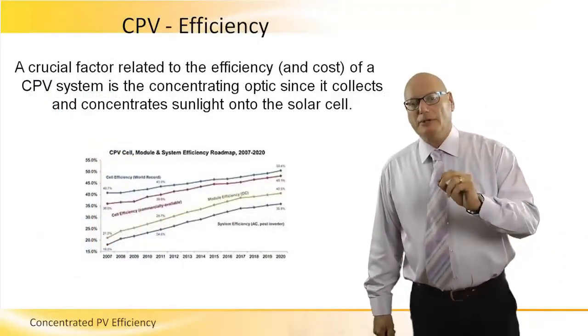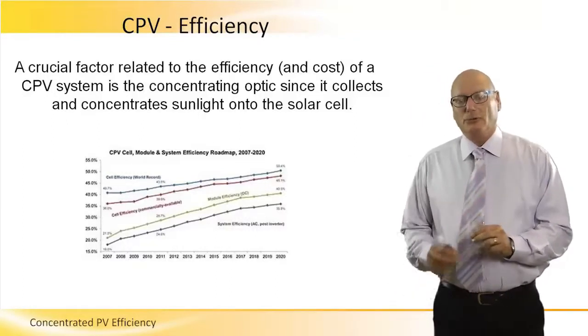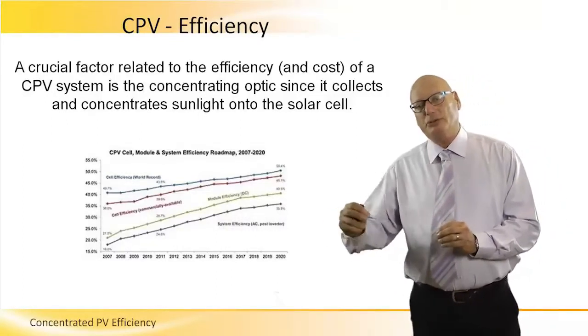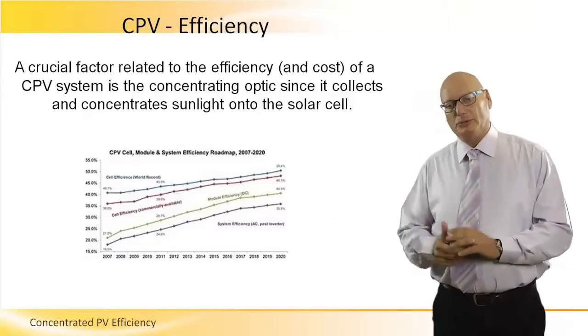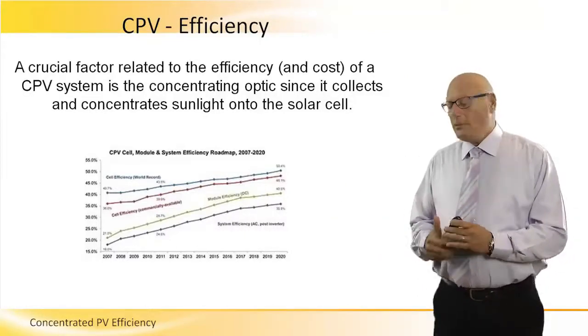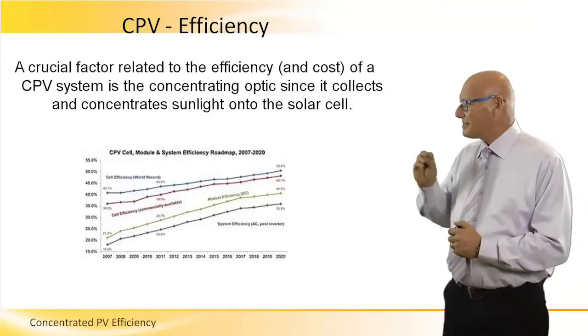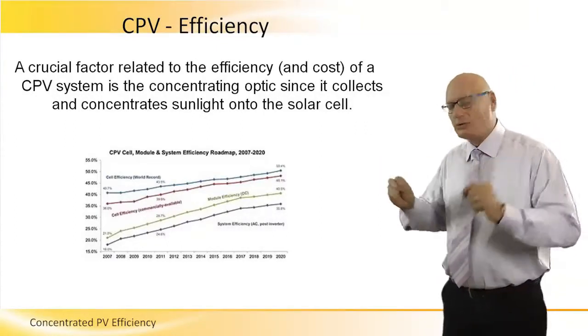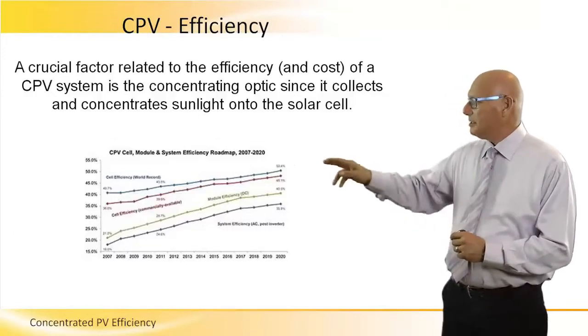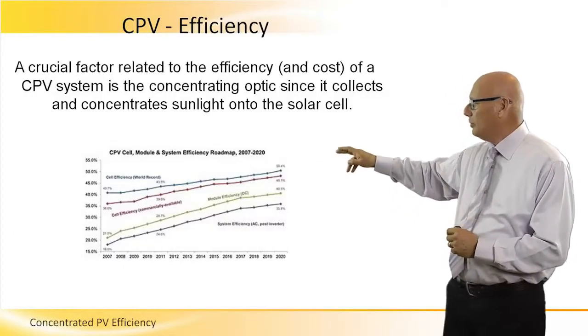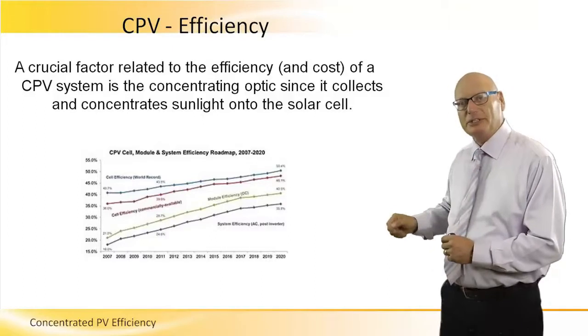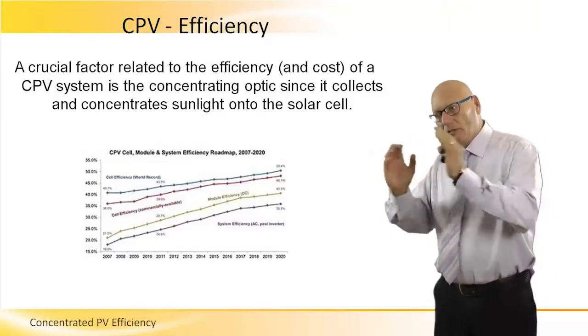Let's look at the CPV efficiency roadmap between 2007 and 2020 and see where it goes. The upper graph, the light blue one, is cell efficiency, basically the world record. We can see that it starts from 40% and goes up to 50% in the year 2020, according to the research trend.